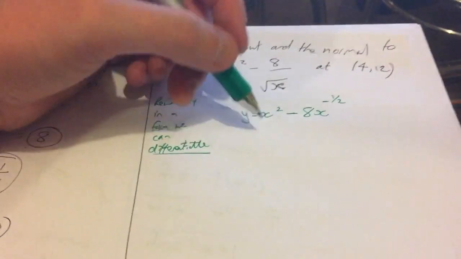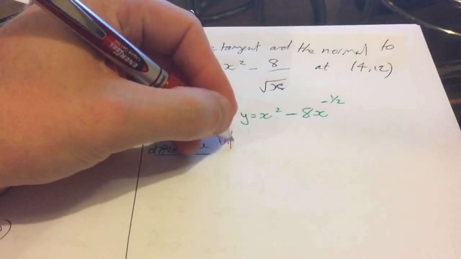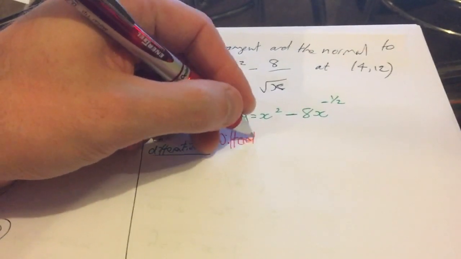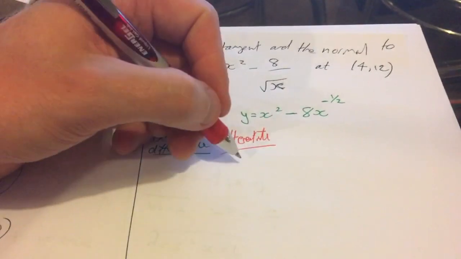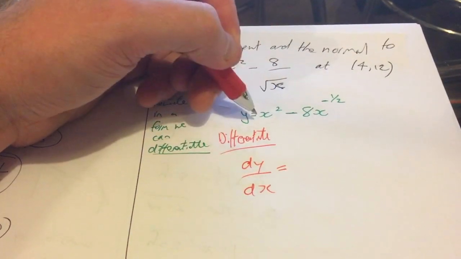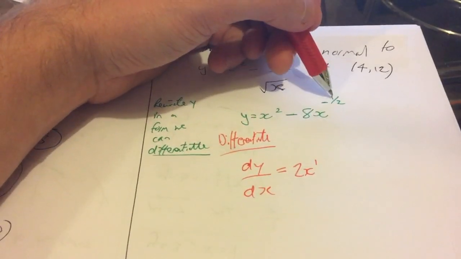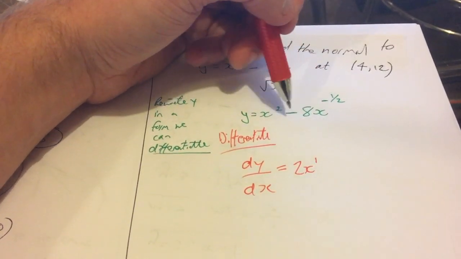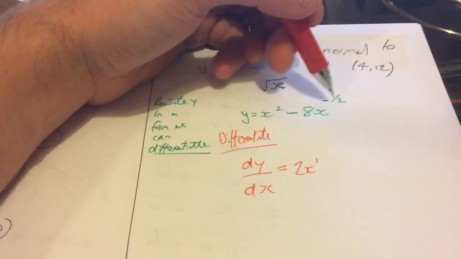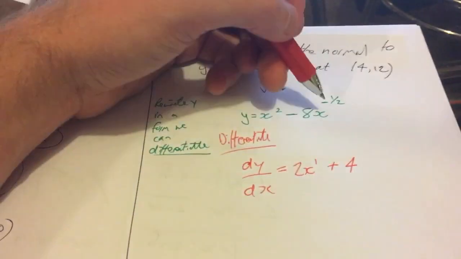So if I want to differentiate it now, I can. So step 2 is differentiate. So I'm going to get dy by dx is 2x to the power 1. Now we've got to do minus a half times minus 8, which is a bit of a pain. So 8 times a half is 4, and then minus times a minus is a positive, so we get plus 4.